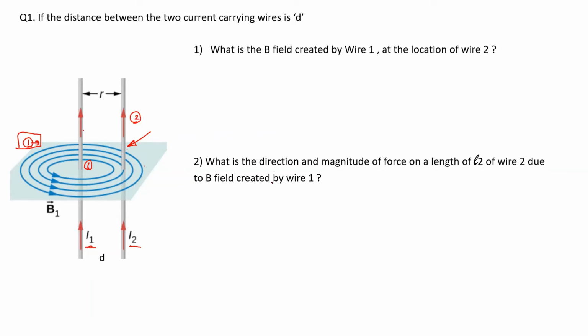In this example, we are going to find the force that the second wire is going to feel. The first part of the problem: find the B field created by the first wire at the location of the second wire.